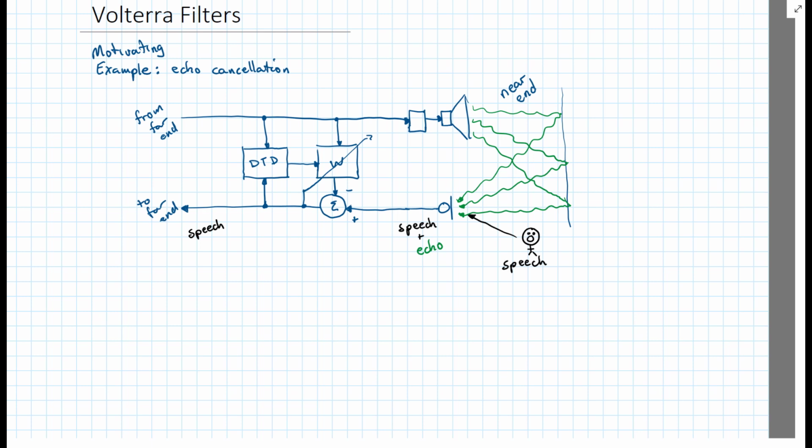Usually this is done with an NLMS adaptive filter, although I have seen it done with affine projection filters to get a little bit faster convergence.